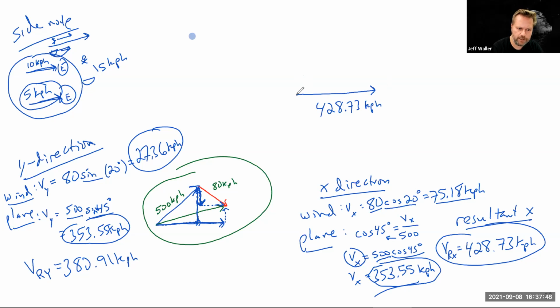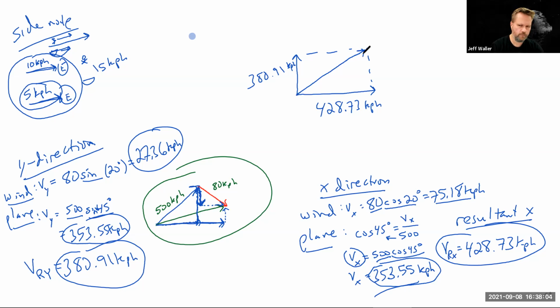In the y direction, it's going 380.91. So what is the resultant? We just did this, didn't we? This was the first problem we did with the vectors, right? So let me write this. This is parallel, right? So I can put this over here. Don't I have a nice triangle to work with?